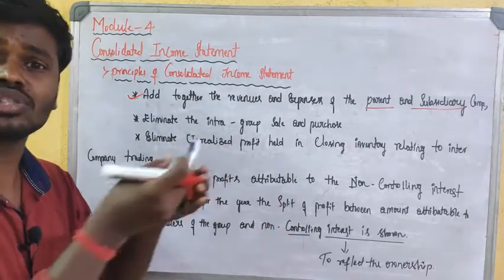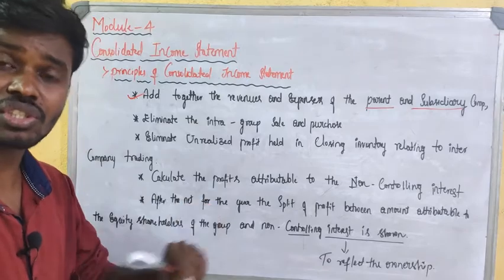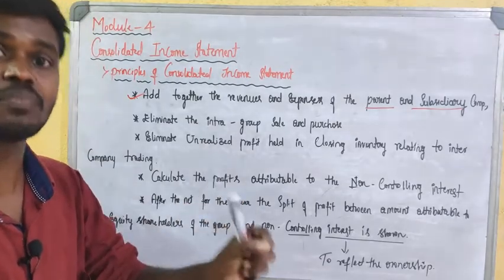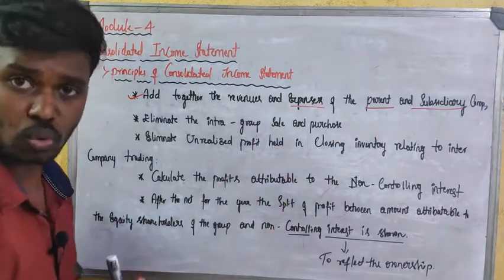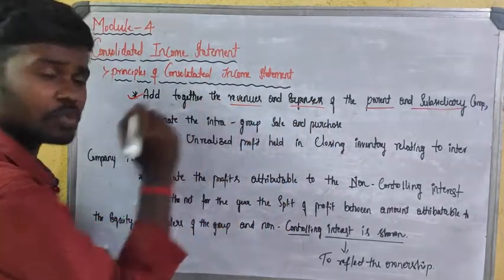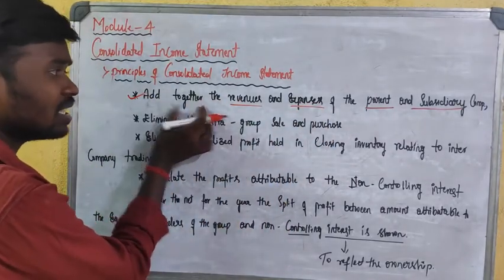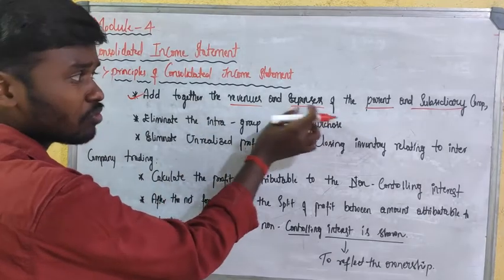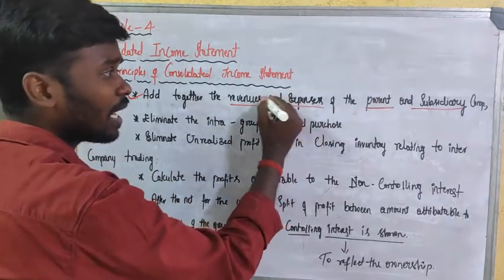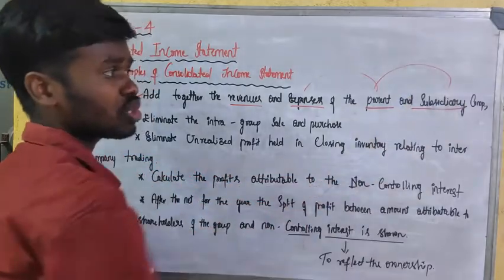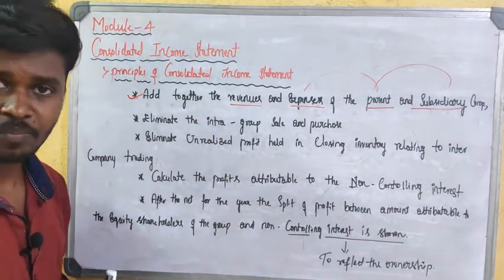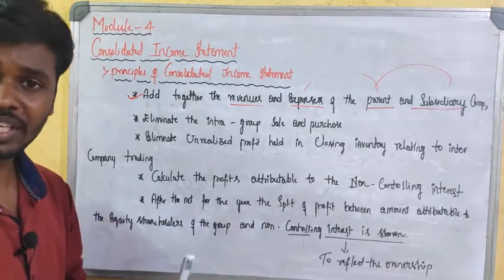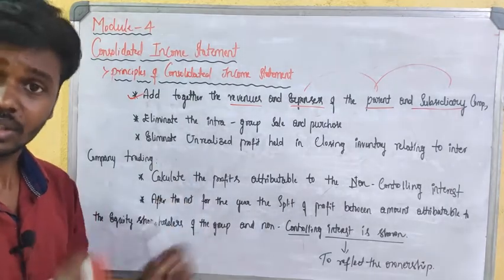We have to take into consideration the revenues related to both parent and subsidiary company, and also the expenses too. So the first principle is to add together revenues and expenses related to the parent company and subsidiary company, in order to know the gross profit or net profit together.